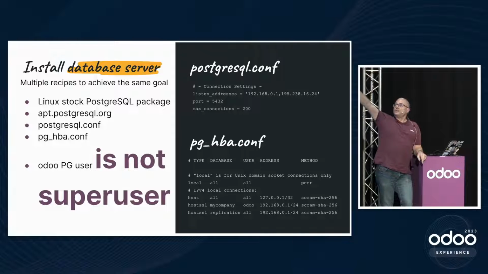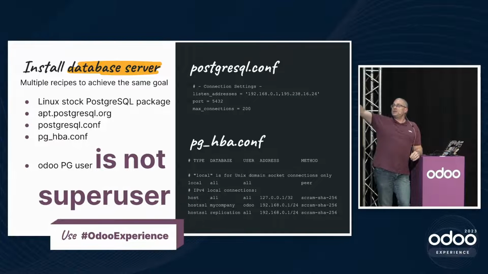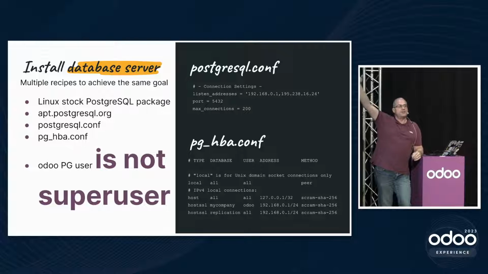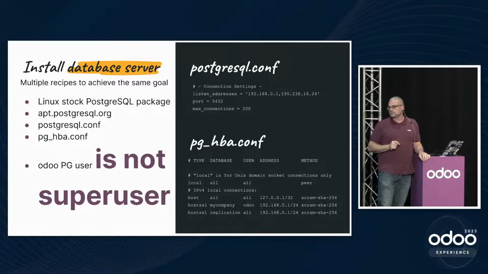You will also specify the maximum number of connections to your server. And if you only do this, it will still not work. You also have to go to pg_hba.conf to configure the database and ask the database server to permit connections from the IP range of the Odoo servers.